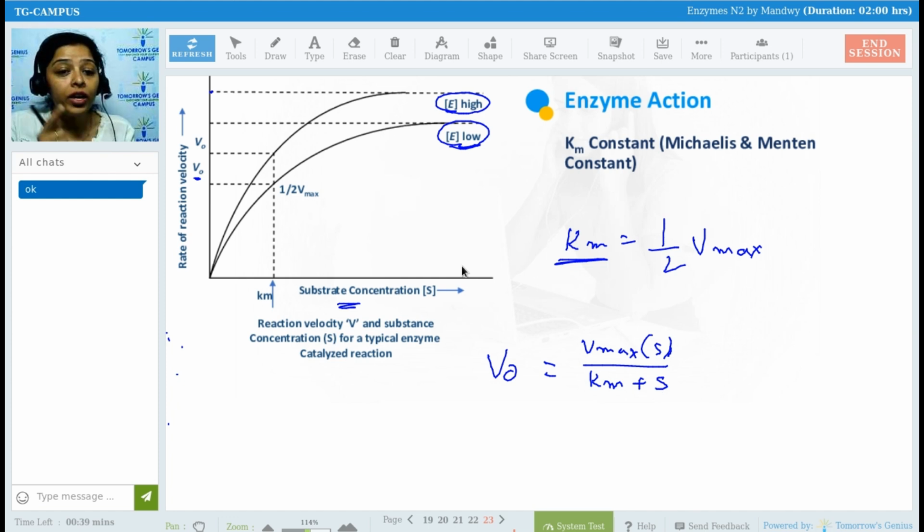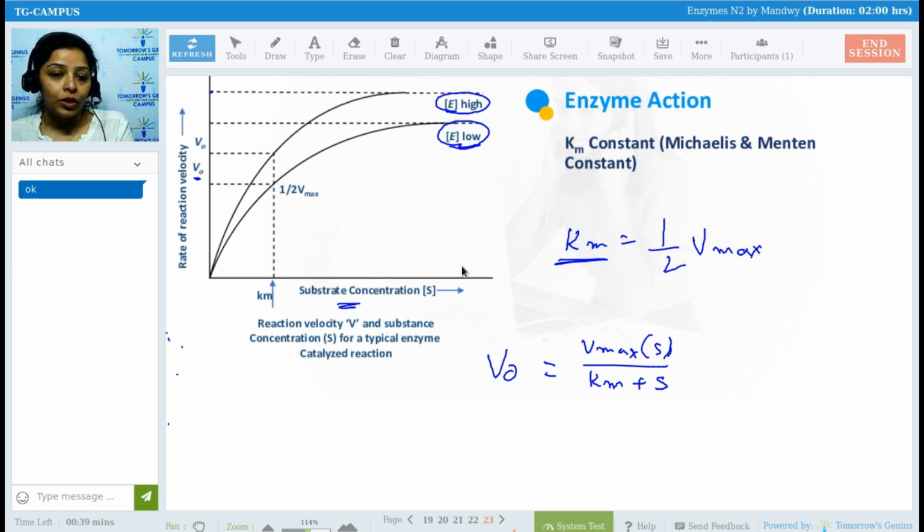Here the V naught means the rate of initial reaction, the rate from where the reaction is initiating. V max means the maximum reaction rate at which the maximum substrate actually makes the enzyme substrate complex. Are you getting me? Yes, ma'am. You already know, this is the Michaelis-Menten equation.